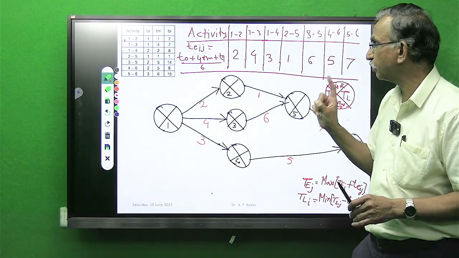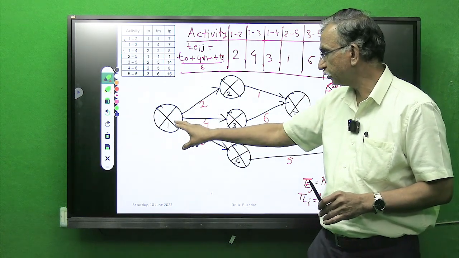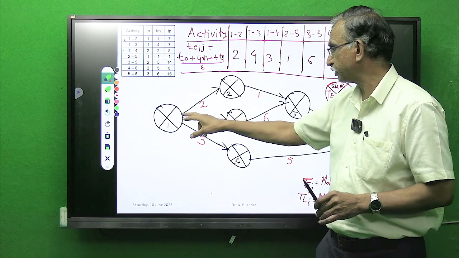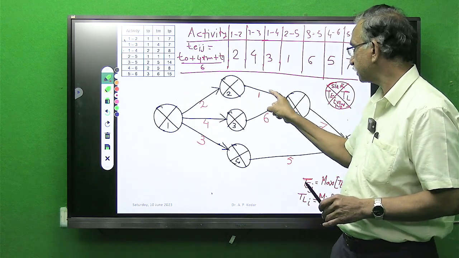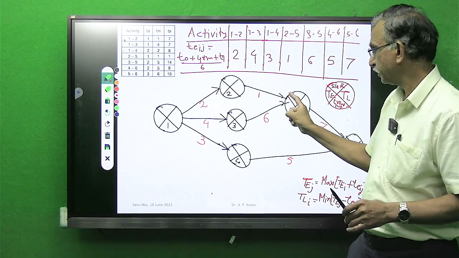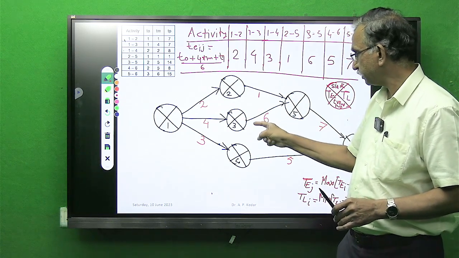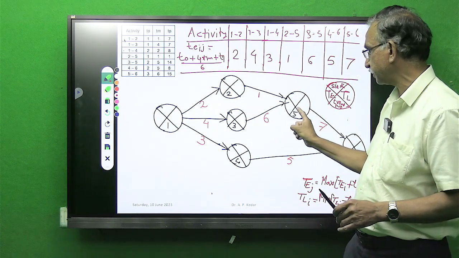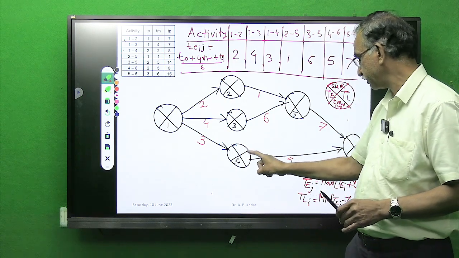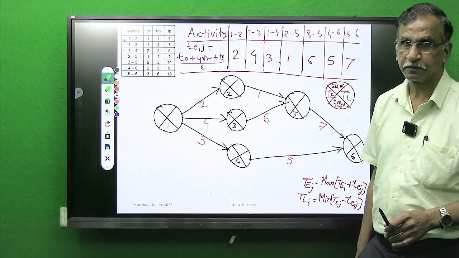Now one thing you have to keep in mind, this is the ith event, this is the jth event for this activity. If I consider this activity, this is the ith event, this is the jth event.